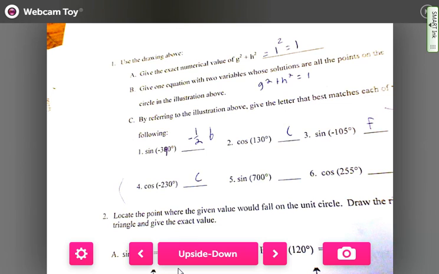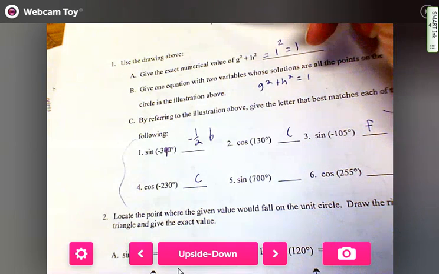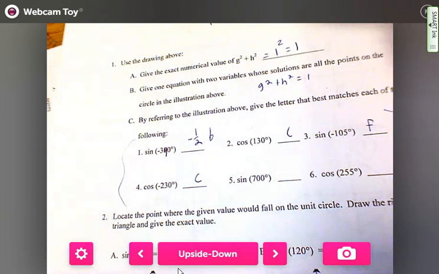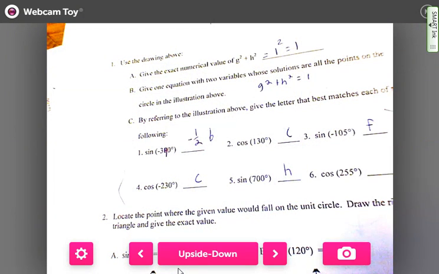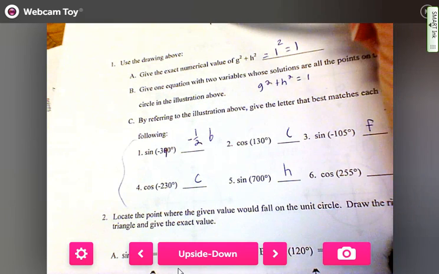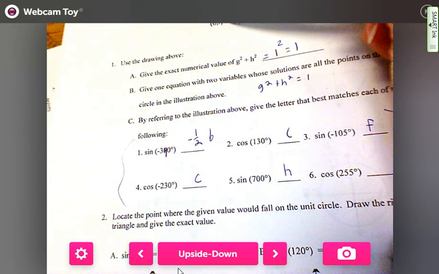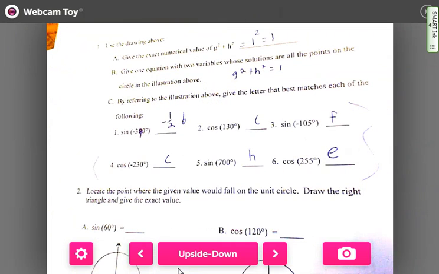So if I go around once, that's 360. Again, 340, the closest one to it is G and H. My sine is the y value, so that's H. 225, the closest one would be here at E, so it would be E. Okay? These are all made up ones. They're just trying to get you to estimate where those numbers go.